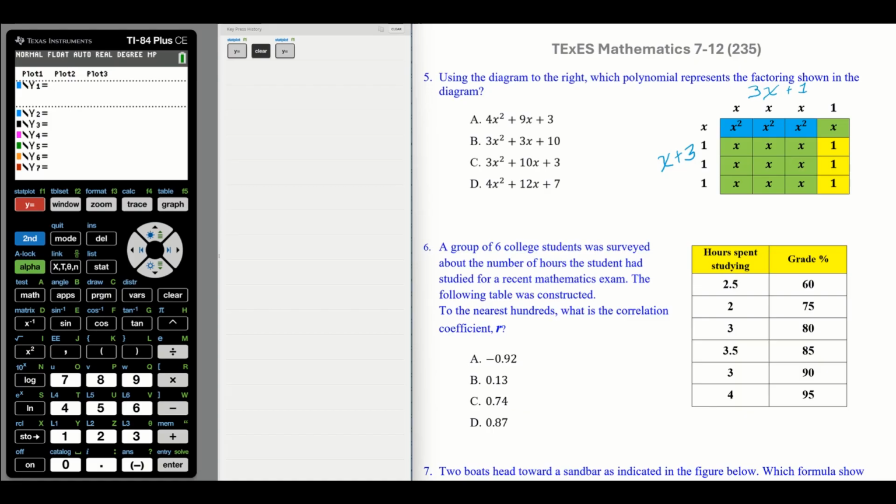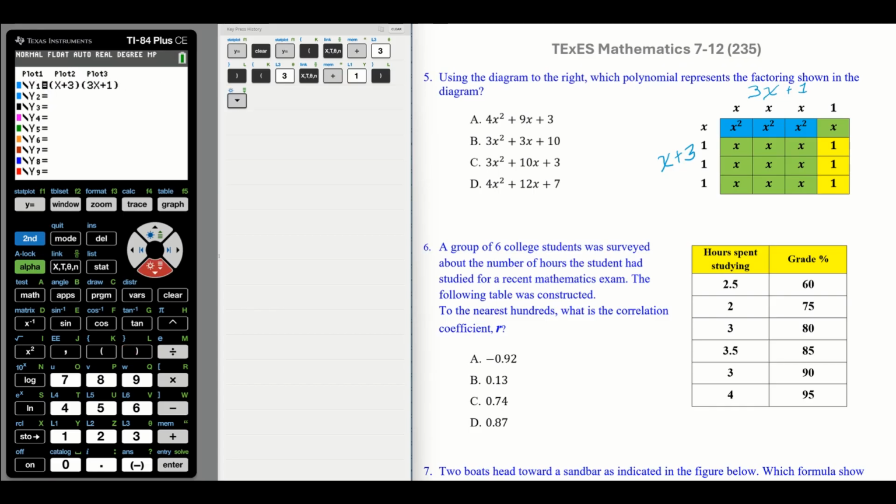Let's put this option in. Well, we already can see what it is, but let's put in parentheses, x plus the 3, close the parentheses, open the parentheses, 3x plus 1 and close.